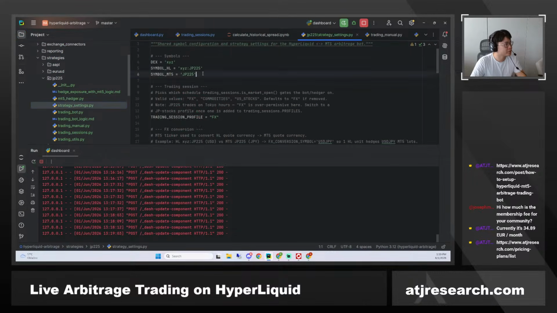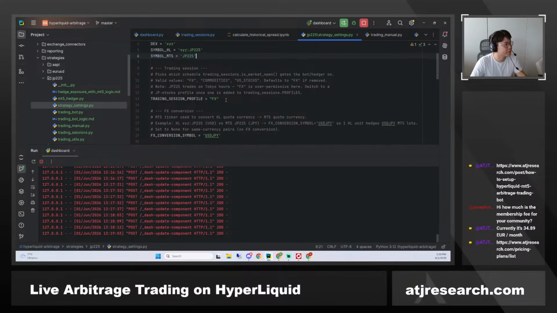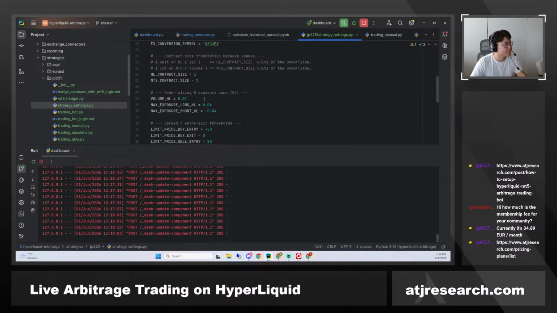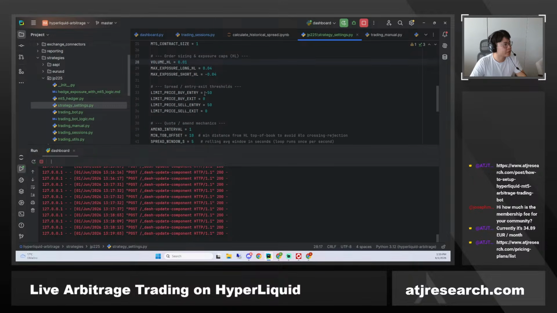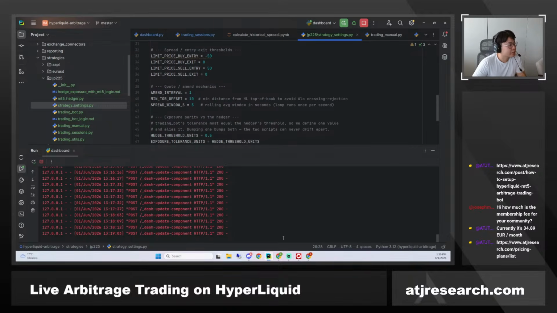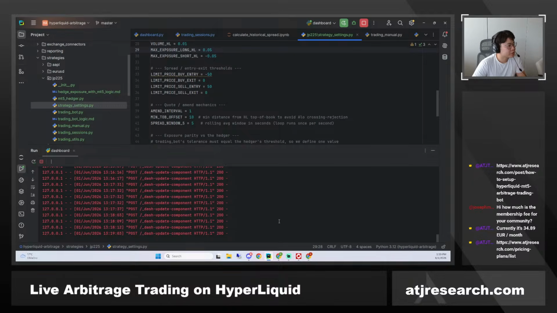So here in strategy settings, we already have a template for JP225, and let's see. I already created the exposures here. I think we can keep the settings pretty much the same.